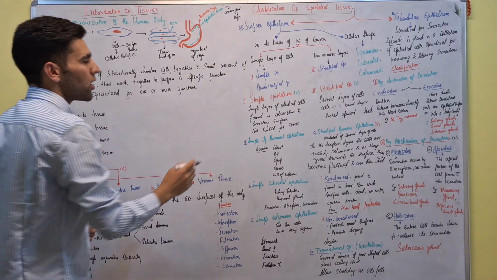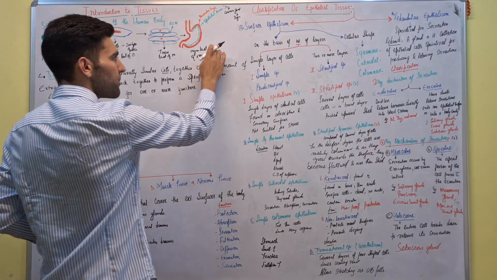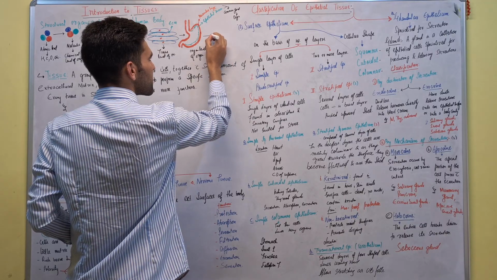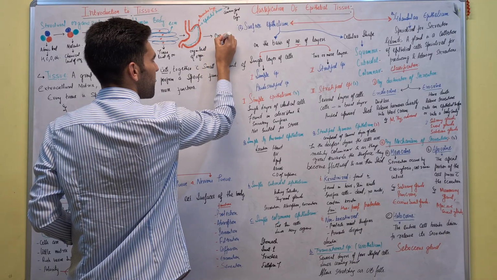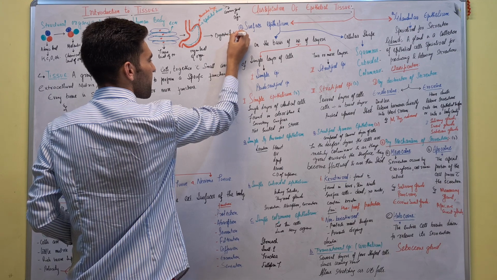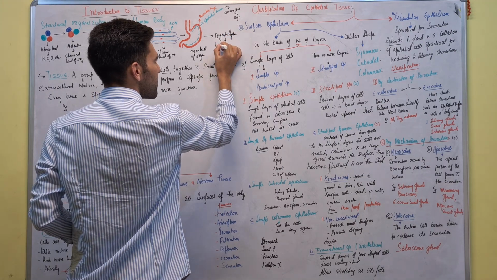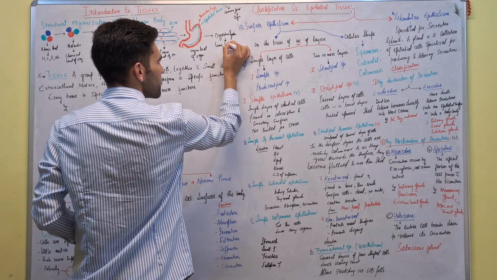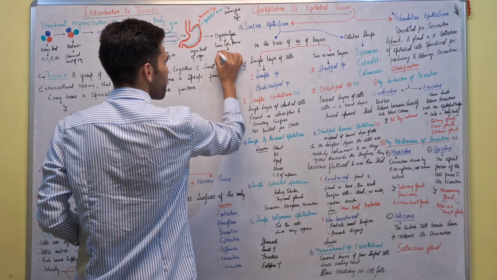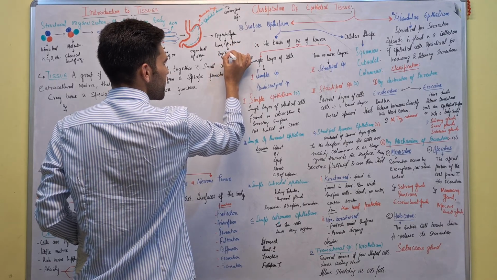When different organs combine to perform a particular function, we call it the organ system level of organization. For example, the digestive system: liver, gallbladder, and pancreas help in digestion and absorption.